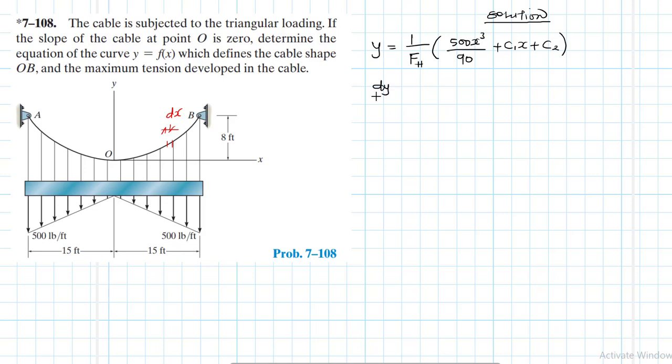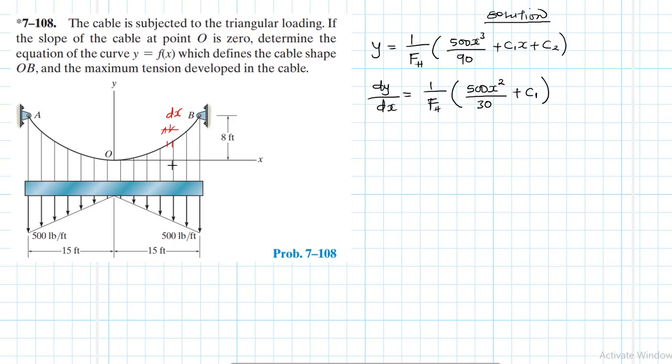I write it in advance. dy/dx is just equal to 1 over FH, then this becomes 500 x squared divided by 30, plus c1. I'll need this because I'm going to use these two equations to find the constants C1 and C2.